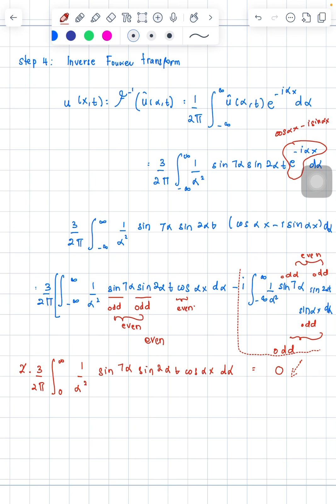So the 2 here we can cancel, and it becomes 3 over pi, the integral from 0 to infinity of 1 over alpha square sine 7 alpha sine 2 alpha t cos alpha x d alpha. So this is our answer. So that's it. Thank you.